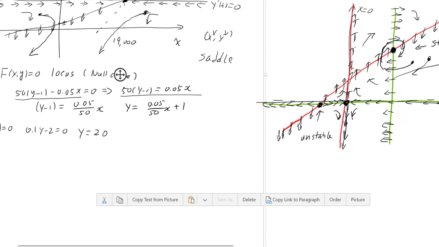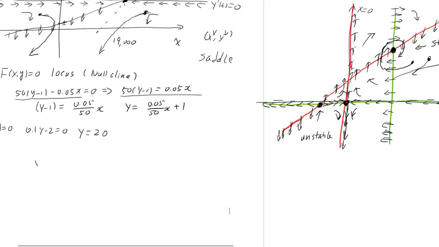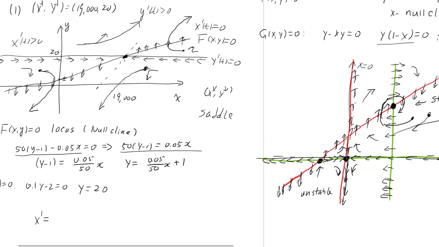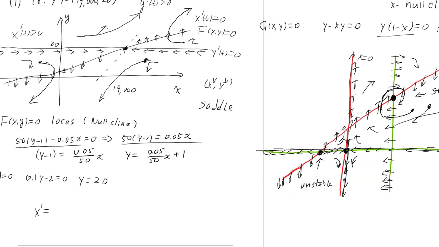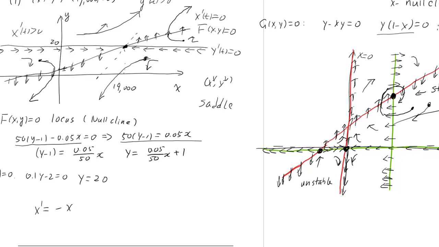So we have the system x prime is equal to negative x plus xy minus x squared, and y prime is equal to y minus xy. So this is the one.